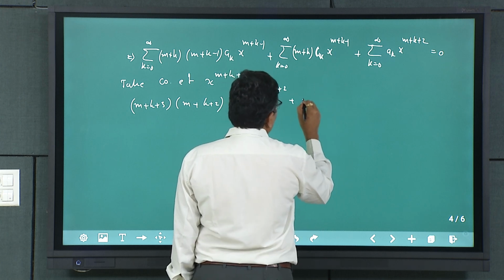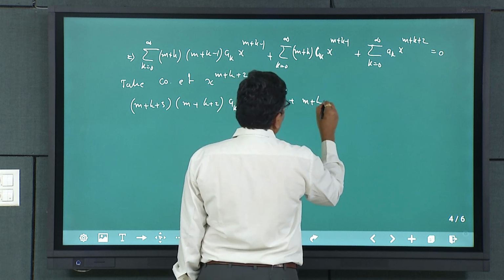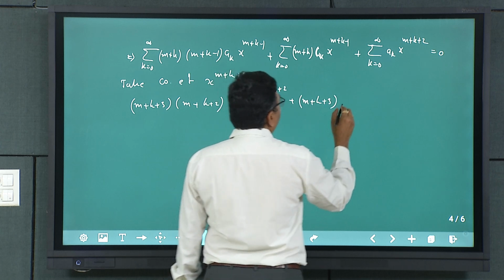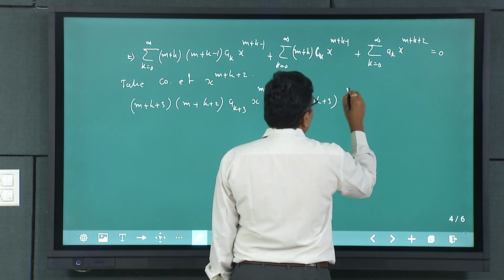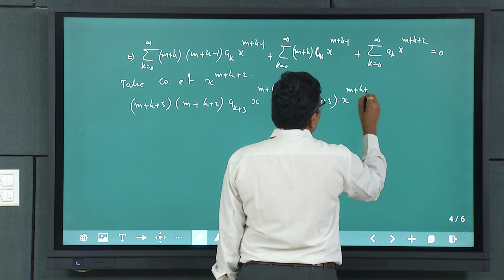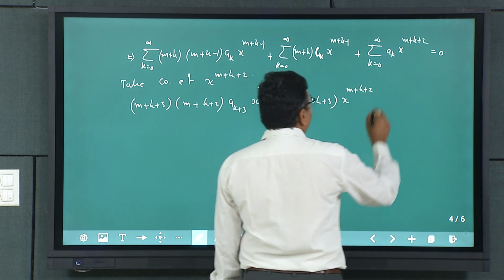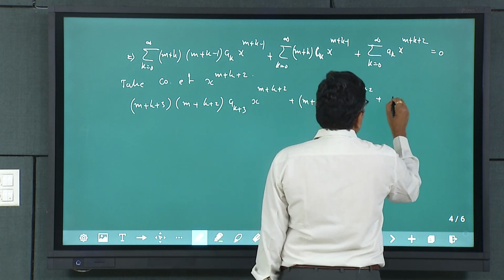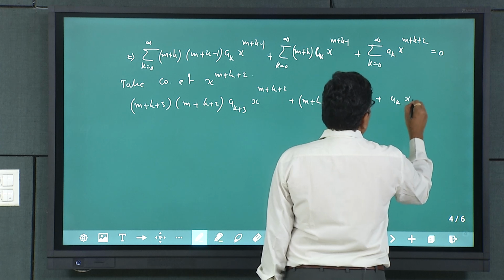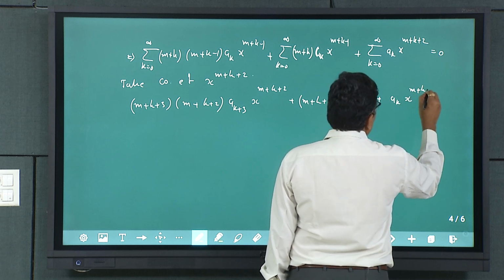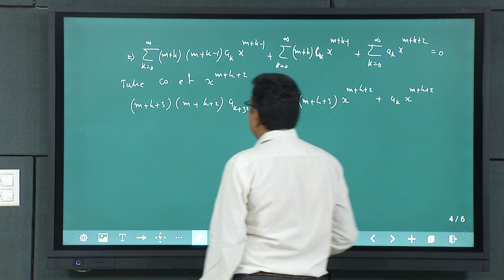So plus (m+k+3) into x raised to m+k+2, right, and here I will get plus a_k into x raised to m+k+2, right.